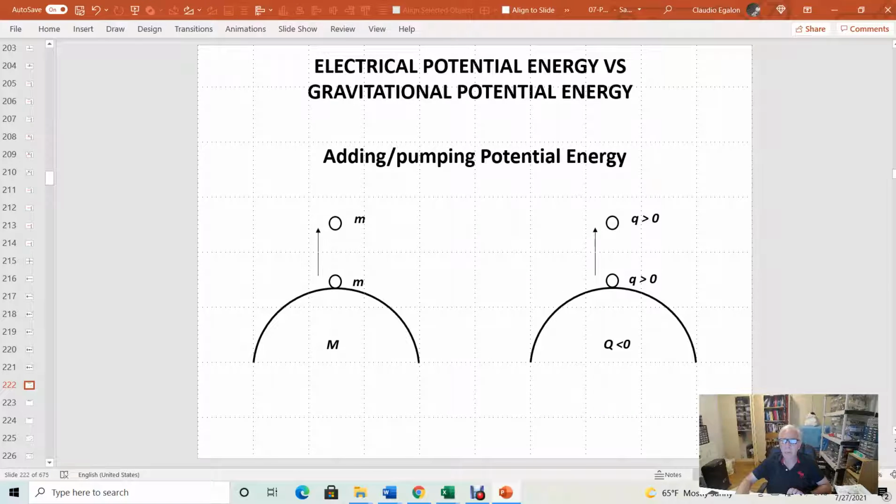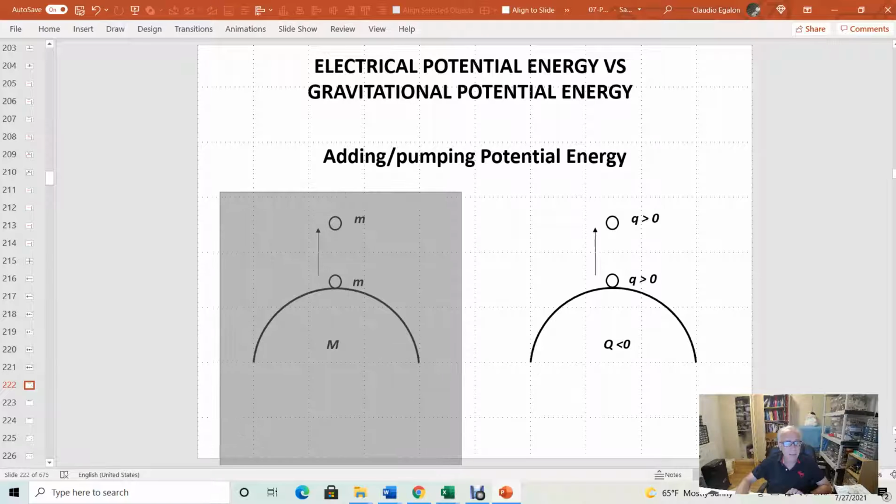Is moving upwards. In both cases here, we are adding potential energy. We are pumping potential energy into the system. We are not adding potential energy just to the small mass. In reality, we are adding potential energy to the small mass and the big mass.